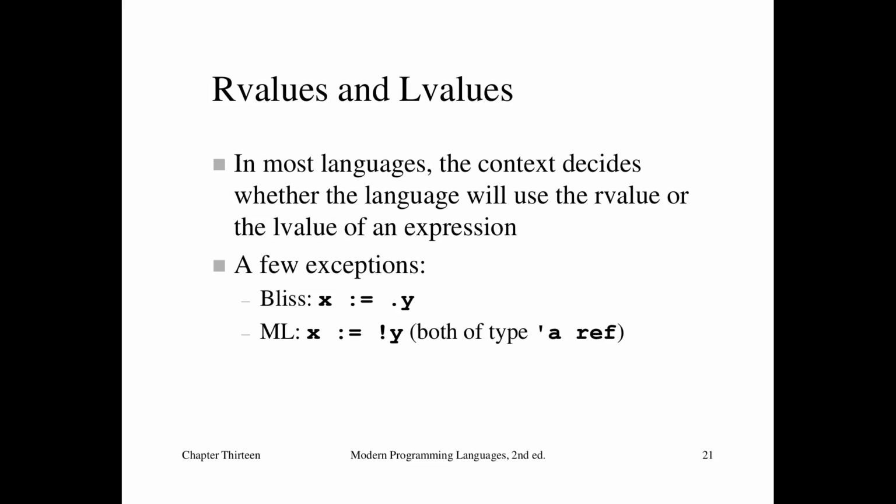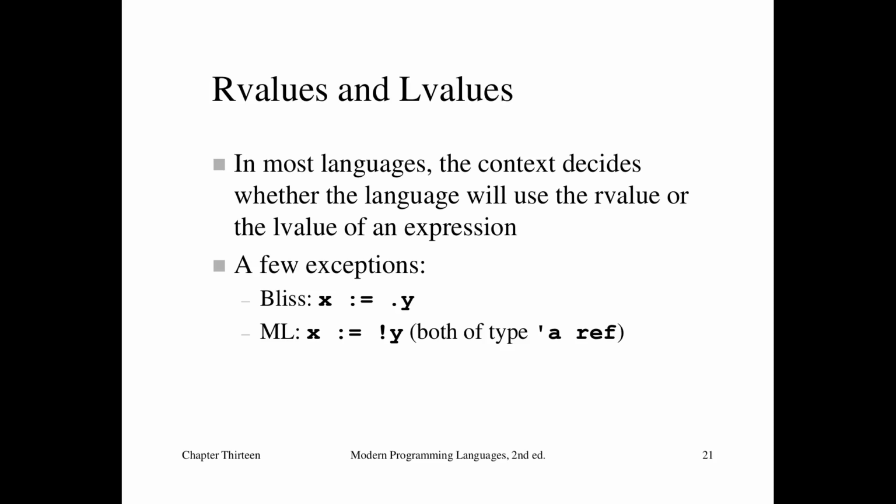In most languages, the context decides whether the language will use the R value or the L value of an expression, right? There are a few exceptions to this. For example, in the language Bliss, x colon equal dot y, and in ML, x colon equal not y, right?